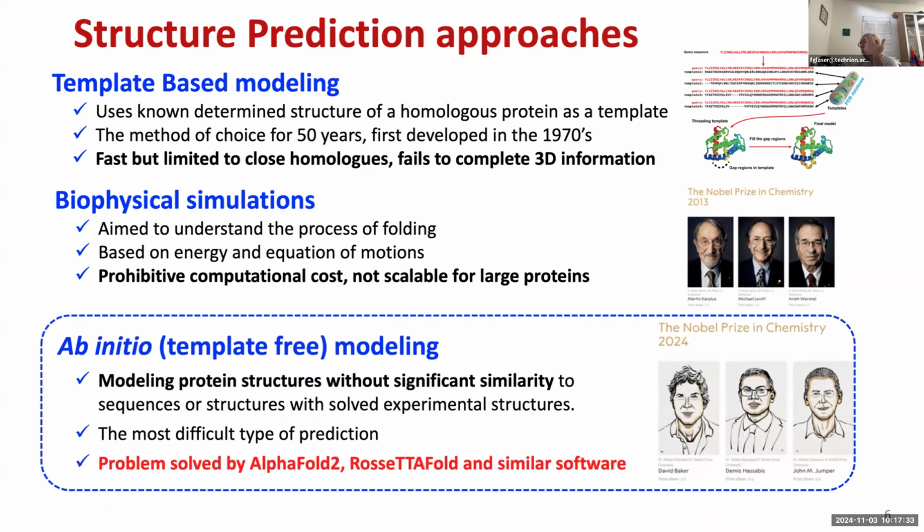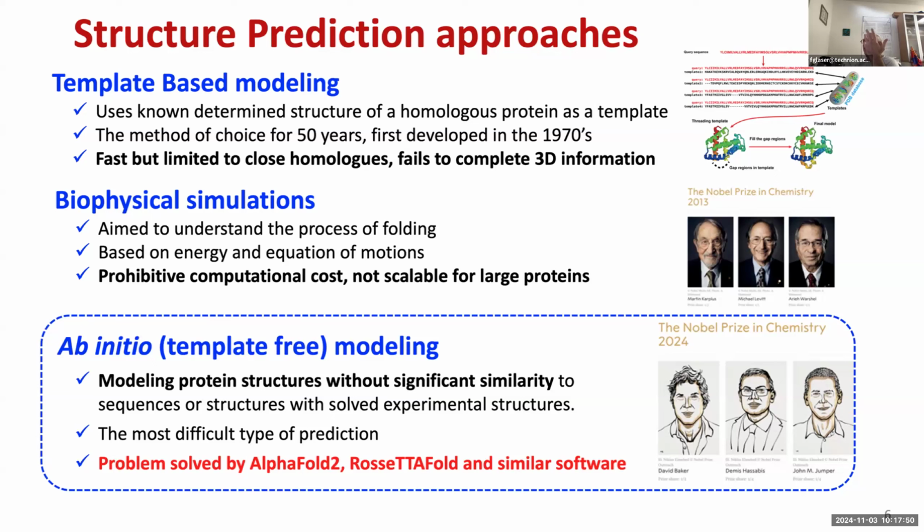So people wanted a method, and that's what we wanted from the beginning, an ab initio, template-free modeling method that is able to model protein structures without significant similarity to any known sequence solved experimentally.